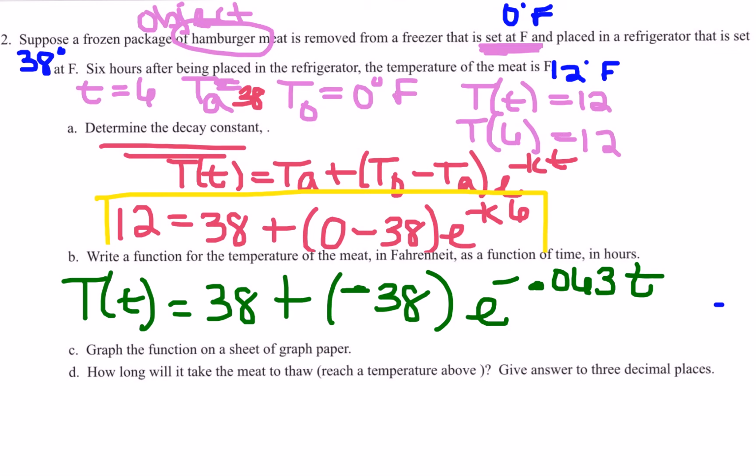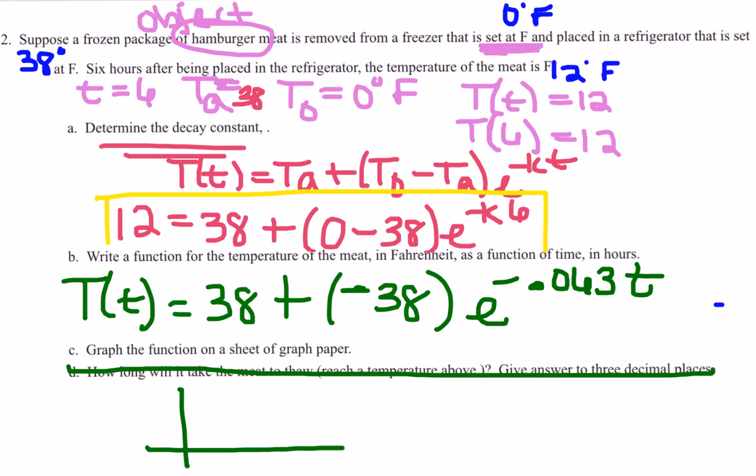This is actually the function that you can graph to describe the relationship of the heat warming up to the fridge's temperature. I'm not going to do part D right now, but when you graph this function, you're going to see it basically approach the asymptote. And the asymptote in this case is 38. So I'm going to put 40 up here.